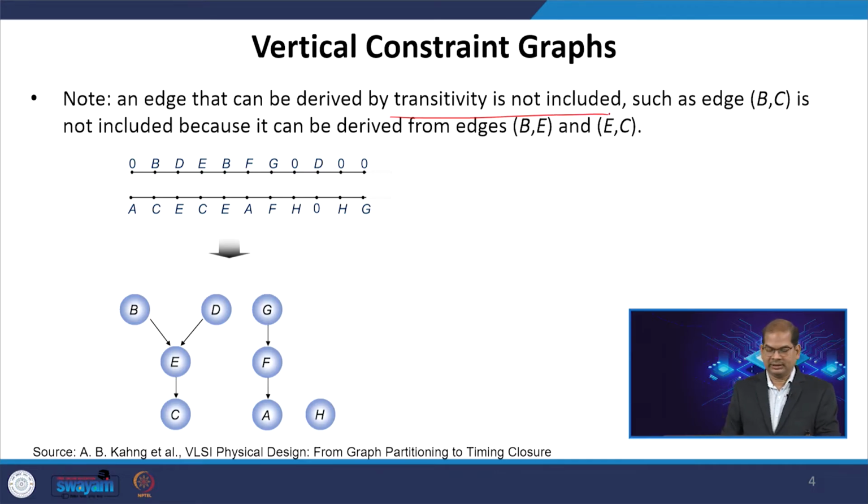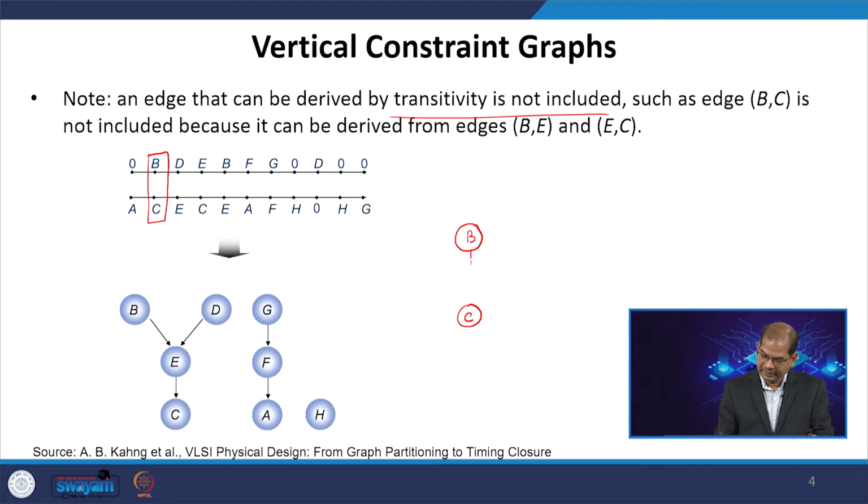Okay. So, let us consider the nodes here. If you consider this segment, I have a B node here, and I have a C node here.